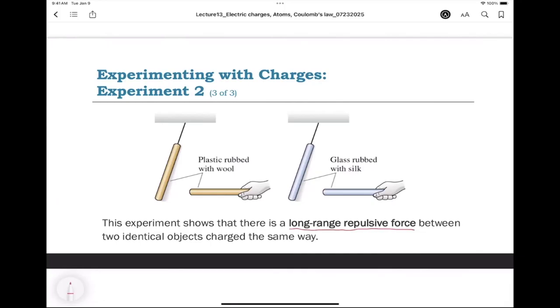After you rub these two rods with wool, they have the same charge. You charge those two the same way, and there will be a long-range repulsive force that makes them move away from each other. Does that make sense to you?